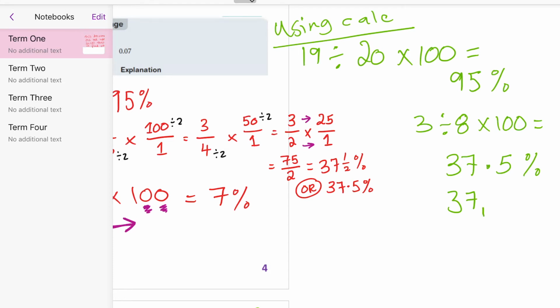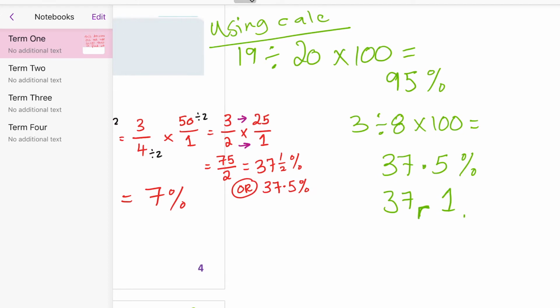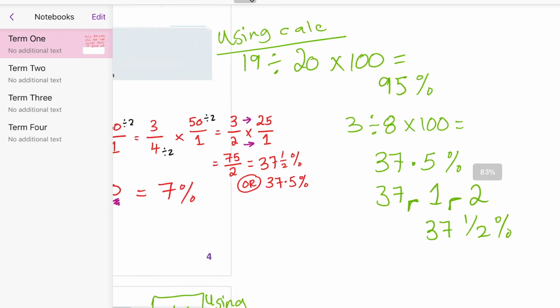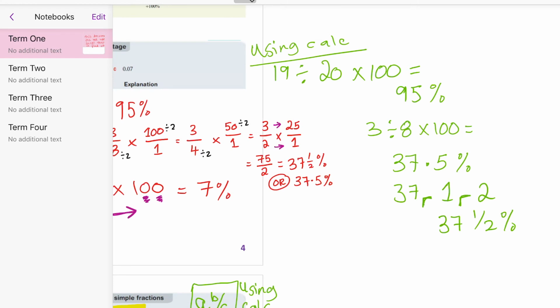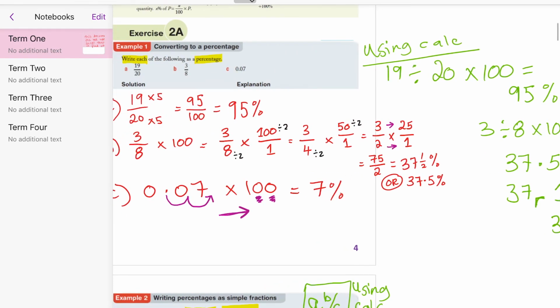So it'd probably appear as 37 R 1 and the little R again 2. So if you press that ABC button, it changes it to a fraction. That's how it will look. And remember, that just means 37 wholes and a half. Okay, so don't feel that something's happened to your calculator. That's how it's supposed to look with the little R thing.